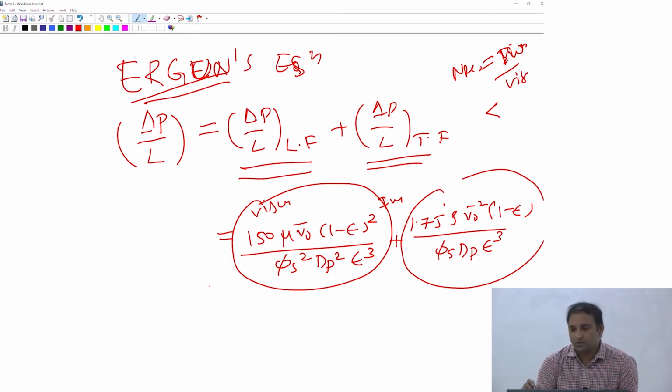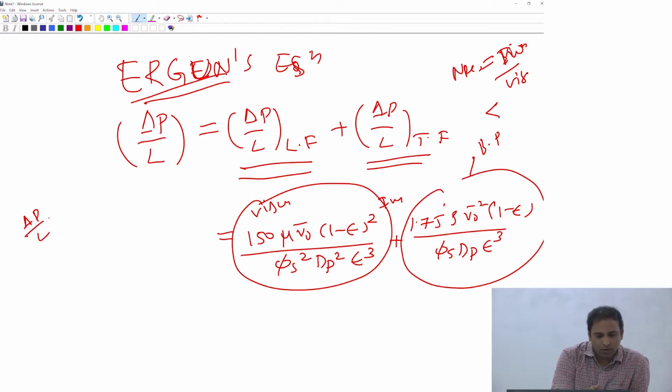Now, if you look at this Burke-Plummer equation, I can rearrange it a little bit. Delta P by L is equal to 1.75 rho V naught bar square into 1 minus epsilon divided by phi s dP epsilon cube.